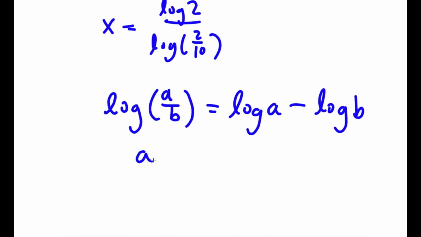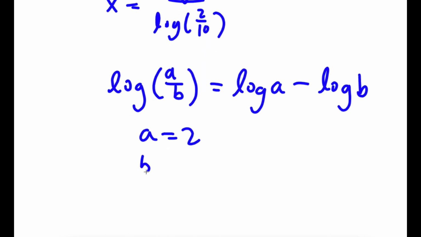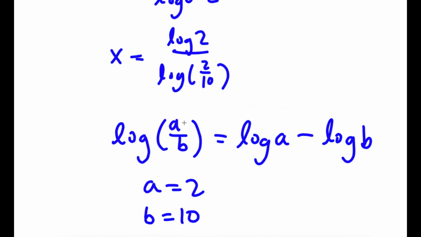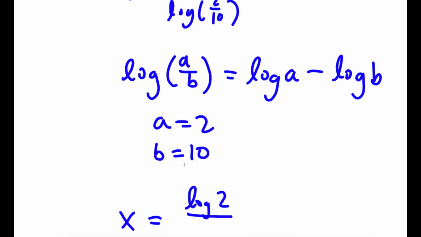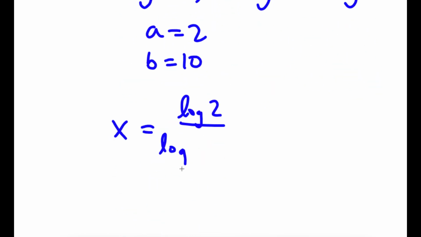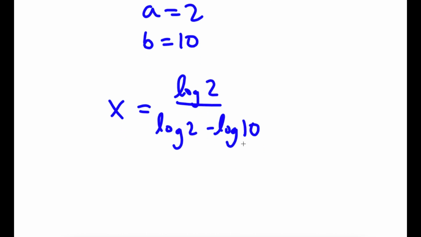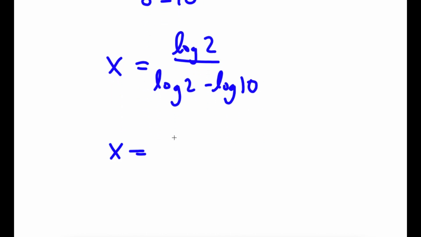So in this case, a is 2 and b is 10. So I can rewrite this as x is equal to log 2 over log 2 minus log 10. Now, log 10, as we all know, is simply 1. So I have x is equal to log 2 over log 2 minus 1.